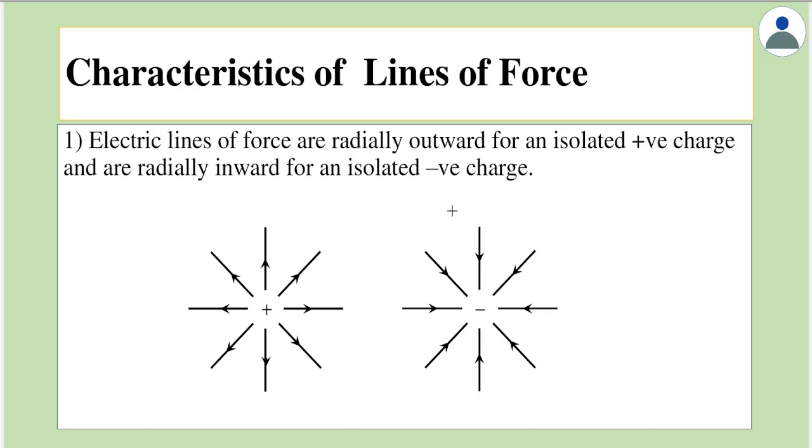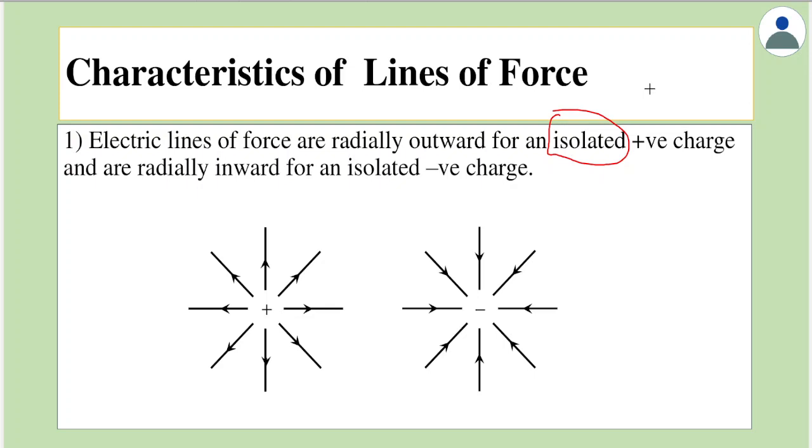The first property is that electric lines of force are radially outward for an isolated positive charge and radially inward for an isolated negative charge. If we look at a charge which is isolated, it means that there is a single charge which is not interacting with any other charge at all.